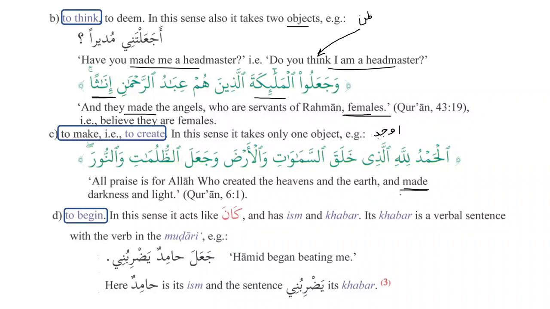So in either case, what we have to see over here is that sometimes it's the perceptive meaning. Perceptive meaning means something that you perceive by your heart or by your mind, and it's not the actual meaning. It's not the actual meaning, it's the perceptive, because the real word that is used for creating is khalaqa.